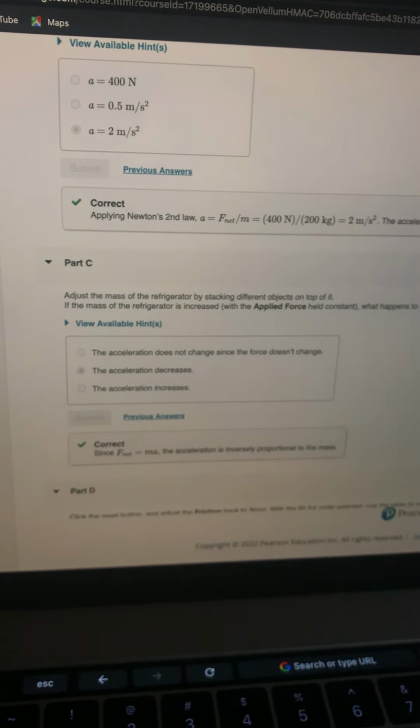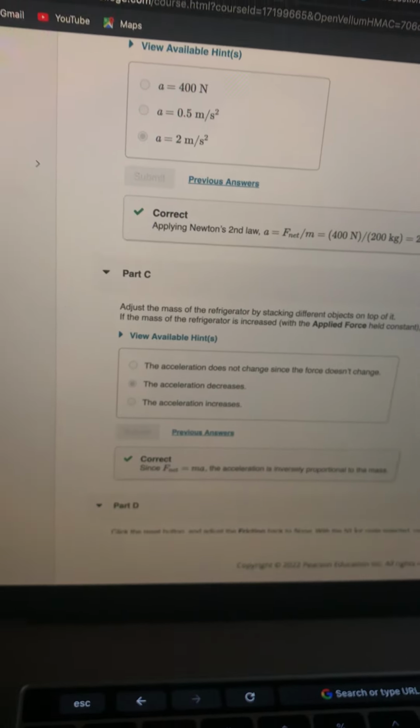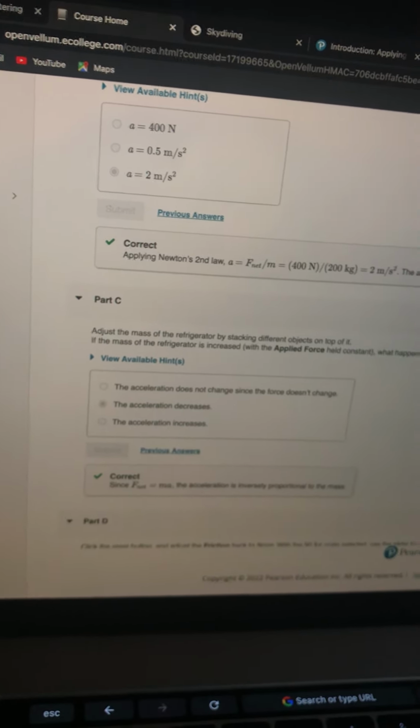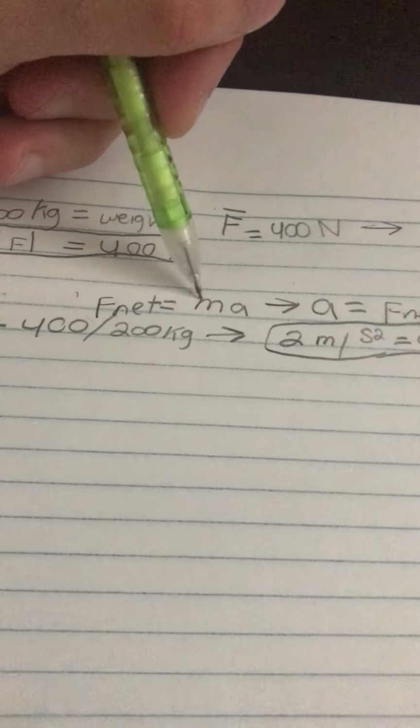If the mass is increased with the applied force held constant, what happens to the acceleration? So if we look at this formula, if mass is increased, what happens to acceleration?